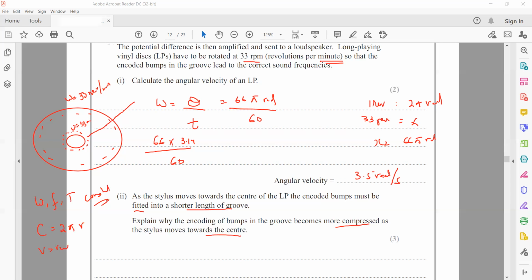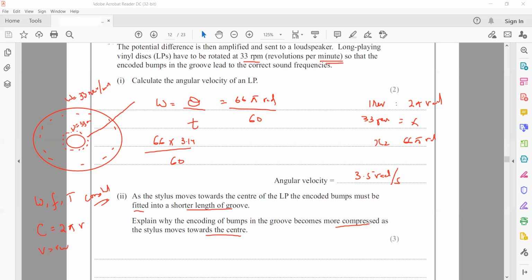So as the stylus moves towards the center, the linear speed, this r is getting smaller.